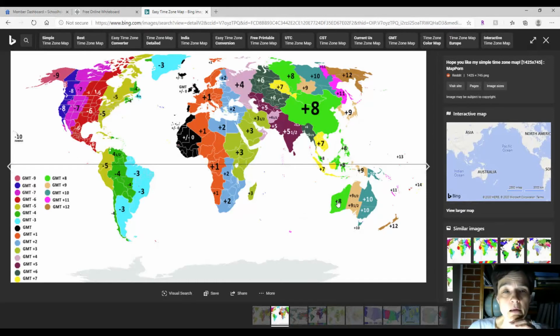Where you add, let's see, plus 8. Yeah, so this would be plus 8. Actually, that's weird because, oh wow, way up here in, I guess this would be Siberia, plus 12 hours.